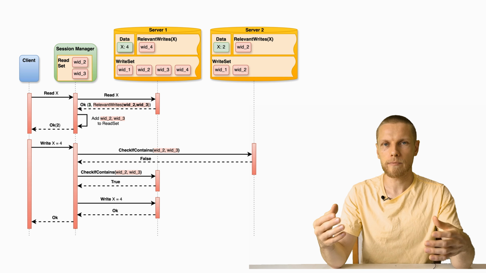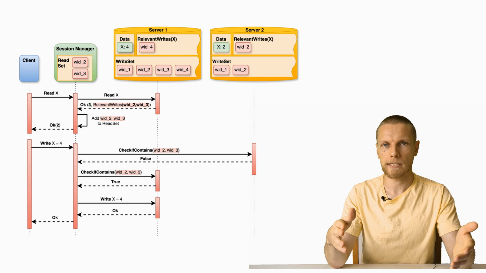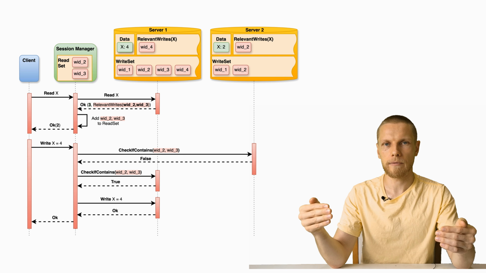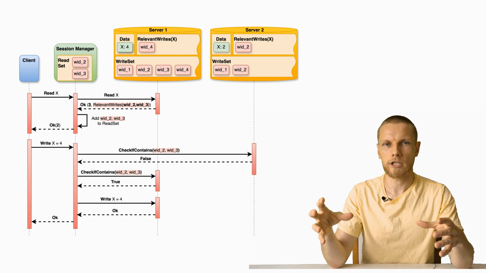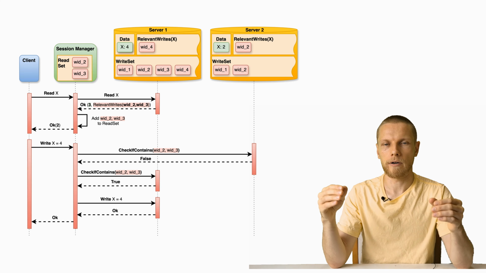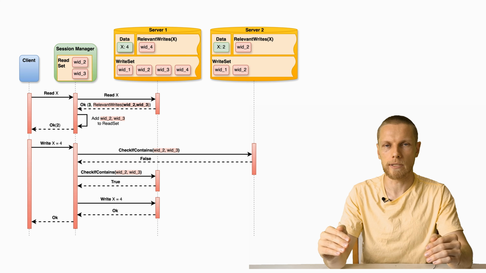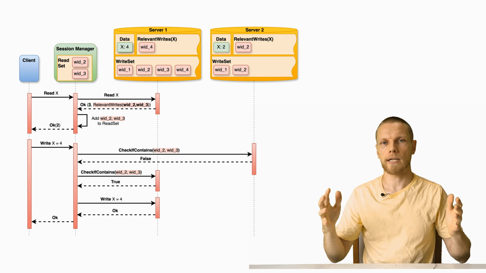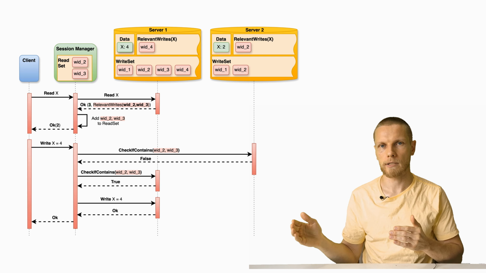As you can see, this method works, and we've just seen how a write which does not follow a read was prevented, but this method has major drawbacks. The first one is that servers and the session manager have to keep very huge sets of write IDs, and also the session manager on each write request has to send this huge set of write IDs to the servers.